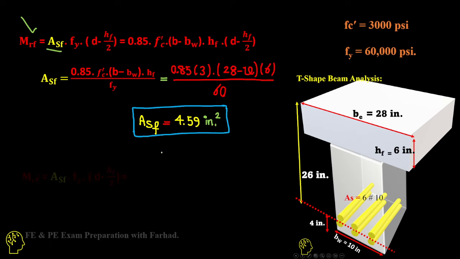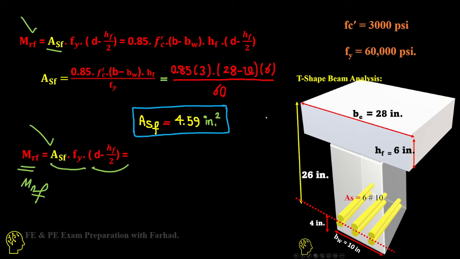As soon as we have the area of steel, we can simply calculate MRF or MNF, the nominal moment related to the flange part. That's AS times Fy times d minus hf over 2, where hf over 2 applies to the centroid of the flange.